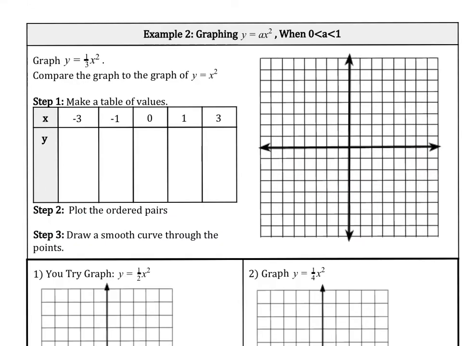Now you're going to do example number 2, but this time the a is going to be less than 1. Before, the a was 2, which was greater than 1, but right now this 1/3 is less than 1. And now we are going to compare this with the parent function.